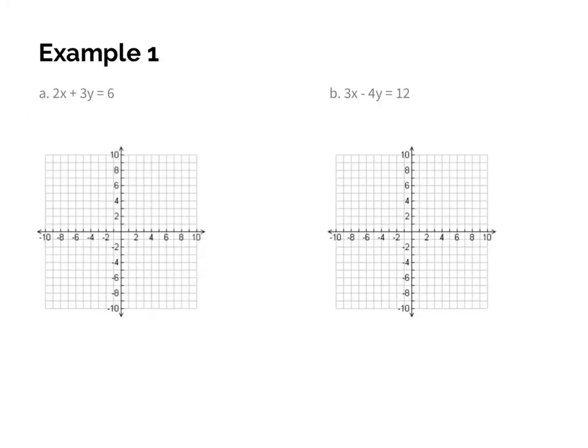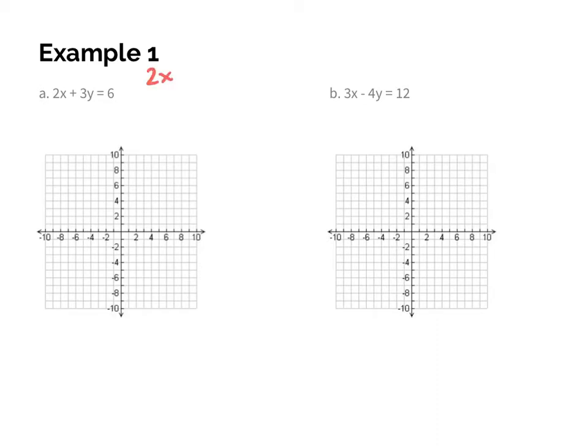So in this first example, again, all we're going to do today is graphing. So we're going to talk about how to find these intercepts. To find the intercepts, we're going to use the definition of an x and a y-intercept. The x and y-intercept is the value of one when the other equals 0. So let's say that I want to find the x-intercept. I'll do this in red.